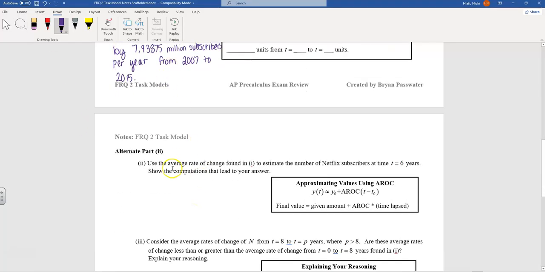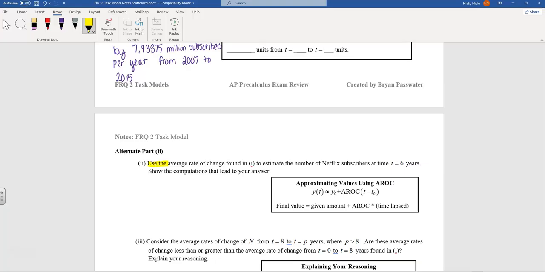Okay, an alternate part 2 that they may ask you. They may not ask you to describe it in context. They may ask you to use this to estimate the subscribers at a certain year. The biggest problem we have here is that we want to go use the exponential function, right? Because they told us it was an exponential function, and now they're telling us to use average rate of change, right?